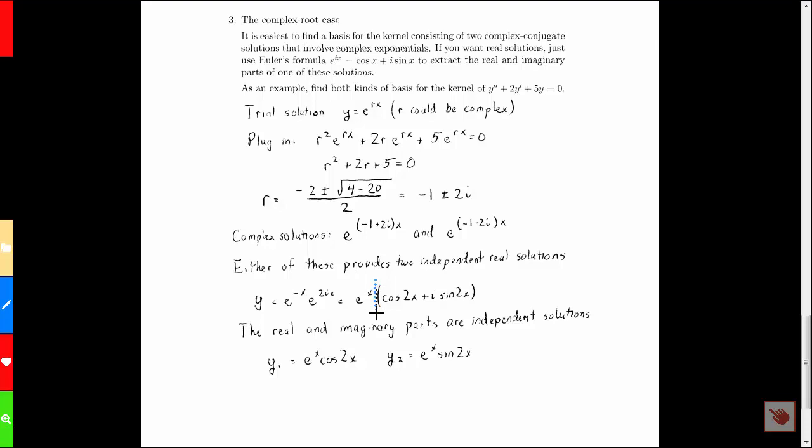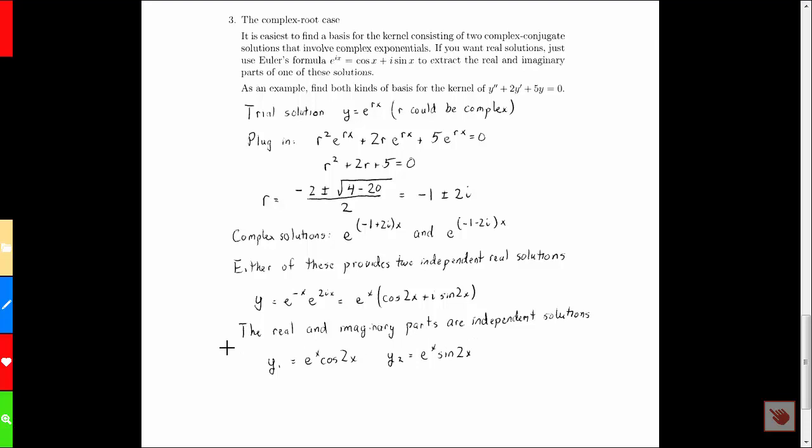Replace e to the 2ix by cosine 2x plus i sine 2x, and the real part is e to the minus x cosine 2x. The imaginary part, where I drop the i, is e to the minus x times sine 2x. These are two independent real-valued functions that solve this equation.